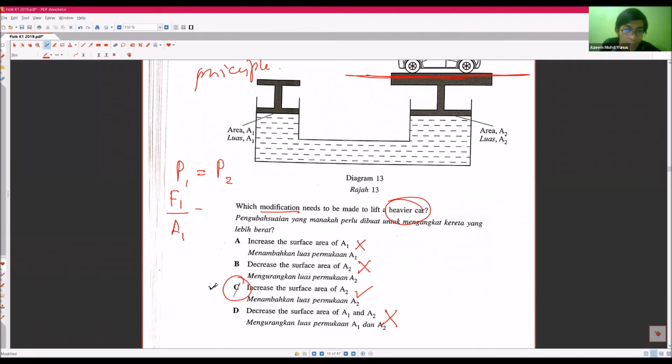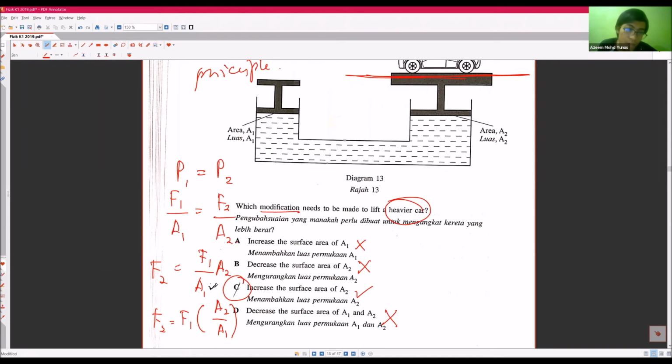So we want F2, right? F2 is the weight of the car. F1 times A2 over A1. If we assume the force is constant, then F2 equals F1 A2 over A1. So we want the ratio to be bigger. What should we do?